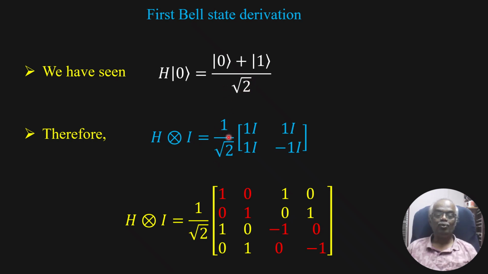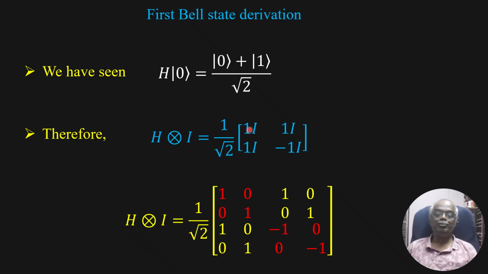The Hadamard matrix is [1, 1; 1, −1]. So you are taking the tensor product with the identity matrix. The first entry is 1·I, the second is 1·I, the third also 1·I, and here it is −I. That is the important point.